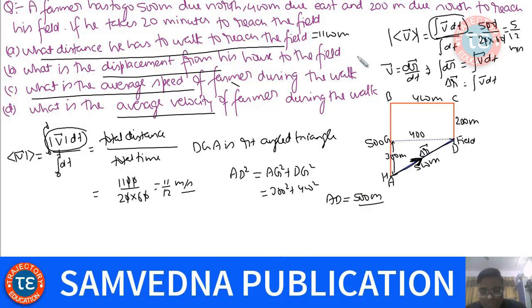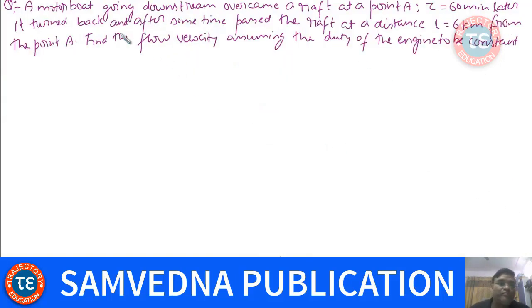Okay, now let's move to the next question. The question reads: a motorboat going downstream overcomes a raft at a point A. Tau equals 60 minutes later, it turned back and after some time passed the raft at a distance of L equals 6 km from the point A. Okay, so suppose A is the point and the river is flowing in this direction.